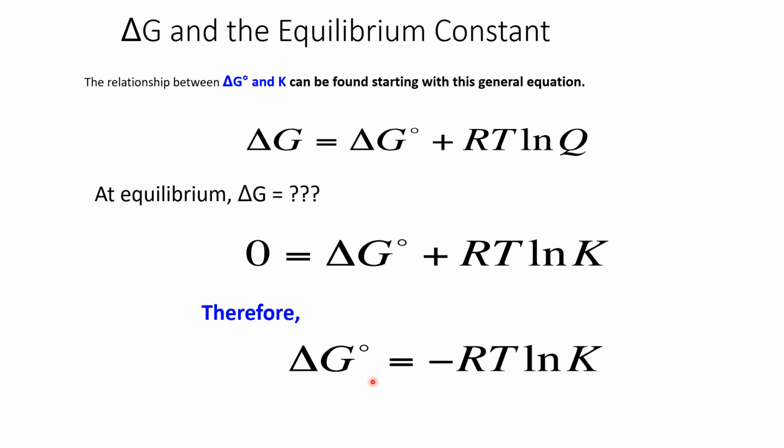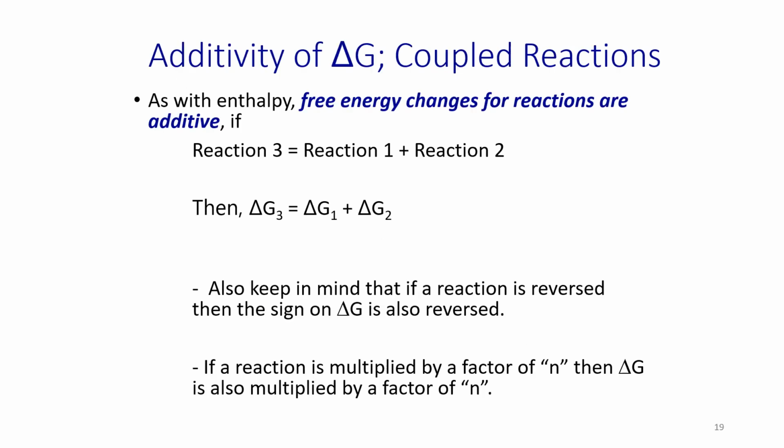So now you can go from G to K, from K to G, in order to figure out what your K values are. And then if you have multiple different reaction pathways to get to a final product, just remember that you add your delta G's together to get those. And remember that the n, the coefficient, matters, so you do multiply by it here.